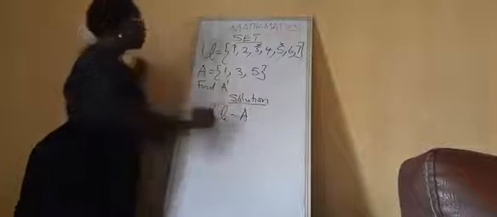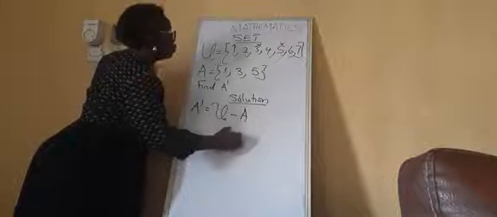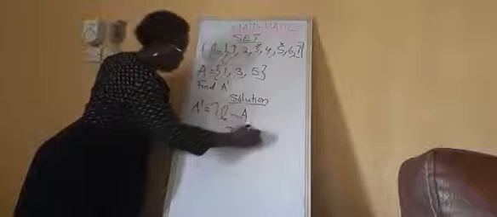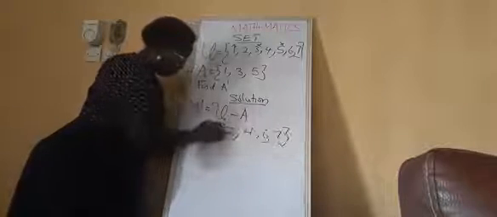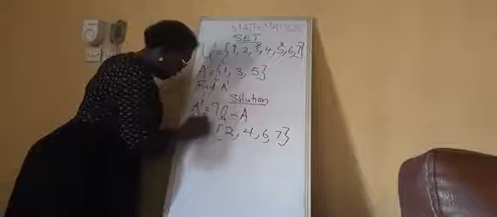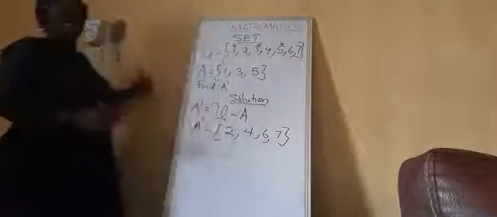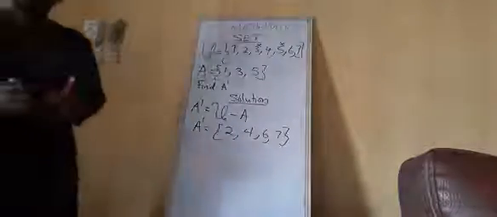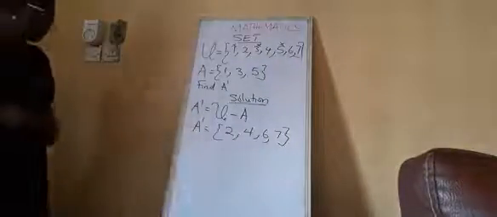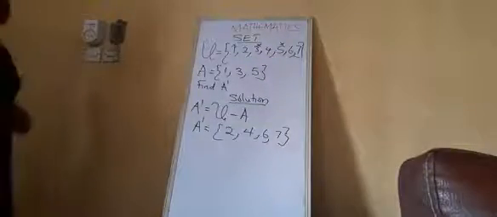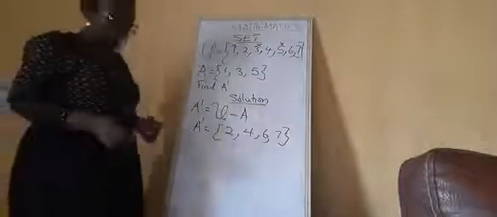So what remains? 2, 4, 6, 7. That's A prime. Either you call it A prime or A complement. It means the same thing. Let's try more.